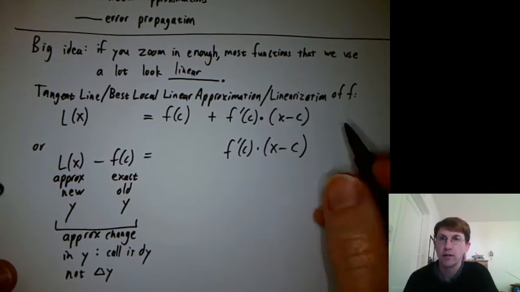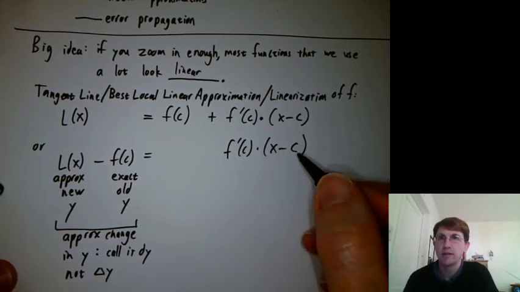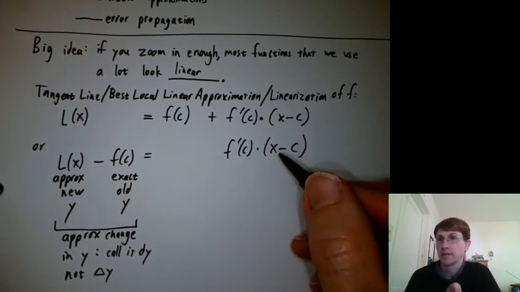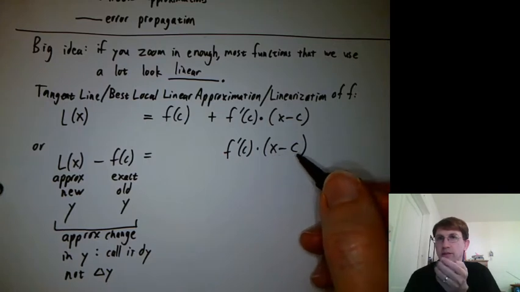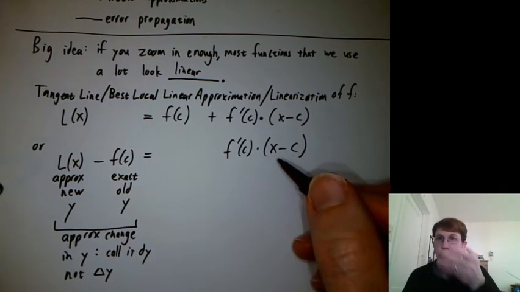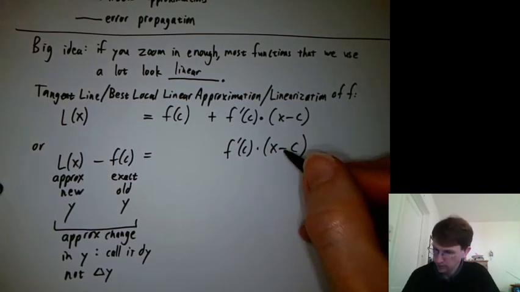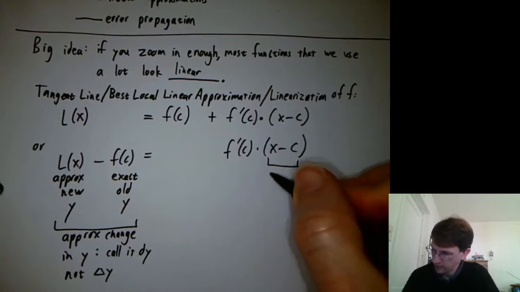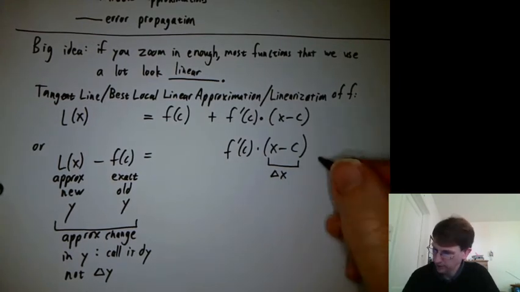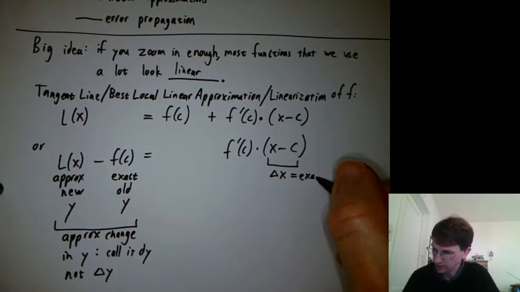Then let's look over here. This x minus c, c is kind of the old x, x is the new value. c is exact, x is exact. I can plug in any value I want for x. And so these are both exact. So this difference, I can call that delta x. That's the exact change in x.